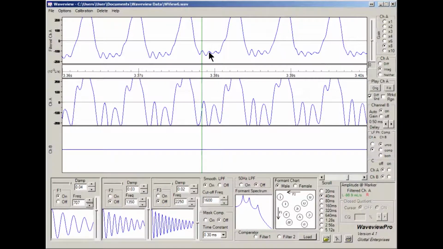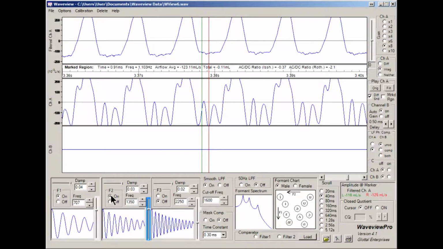I try to get the same place in the cycle with two successive oscillations, and I get a period of 0.91 milliseconds, which is equivalent to a frequency of 1100 hertz. And so I'll have to set the second formant filter to 1100 hertz.